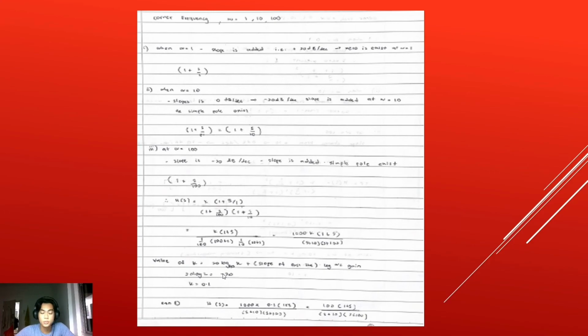And then this is where our mathematical knowledge is used. After that, we rearrange this equation and we get K equal to 0.1. And then after we get K, we insert it in our transfer function. So 1000 times 0.1 times 1 plus s over s plus 10 times s plus 100, so equal to 100.